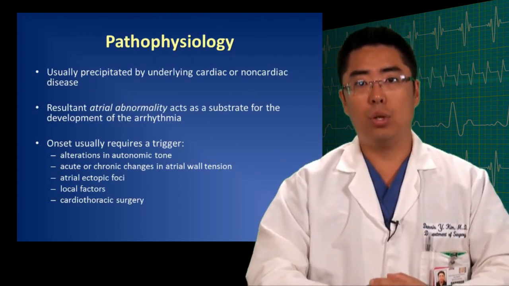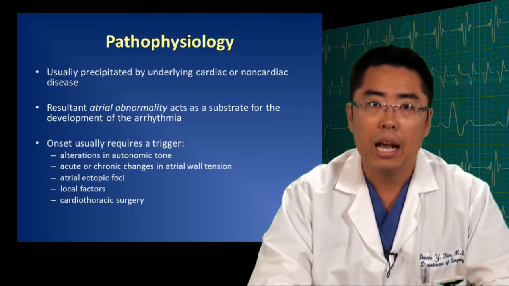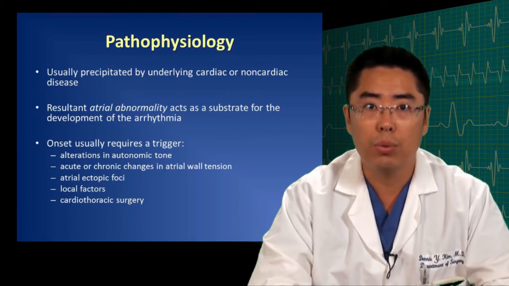Atrial fibrillation is usually precipitated by an underlying cardiac or non-cardiac disease, and the resultant atrial abnormality acts as a substrate for the development of the arrhythmia. The onset of atrial fibrillation usually requires a trigger, and these were previously discussed.